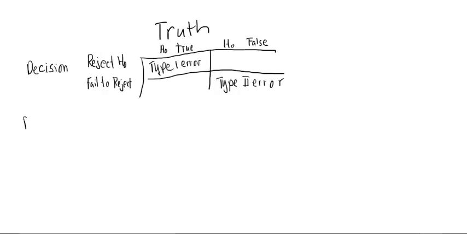The probability of performing a type 1 error is often referred to as the significance level.